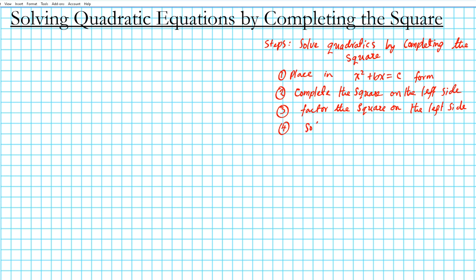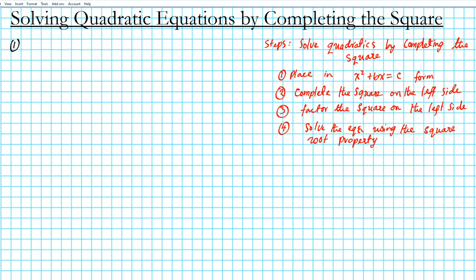All right, you solve the equation in general, using the square root property. All right, so that's basically a summary of the steps that we're going to be using to solve quadratic equations by completing the square. Okay.